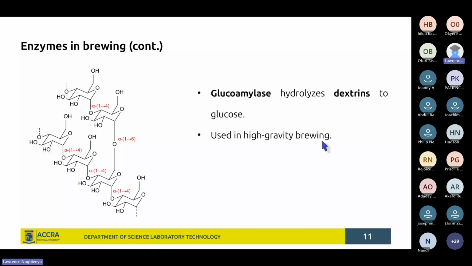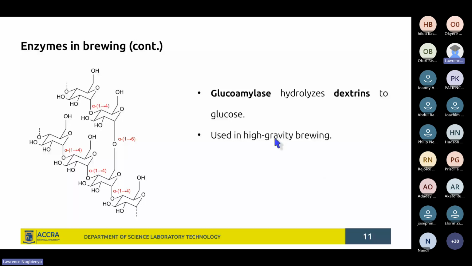What it means is that those beers contain more alcohol than normal. And the high alcohol beers are what are being referred to as the high gravity beers, and the process is being referred to as the high gravity brewing.